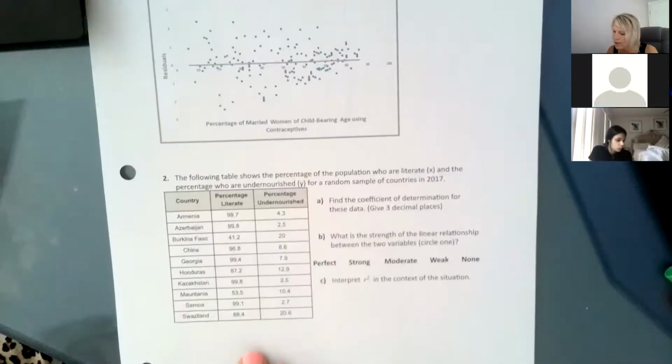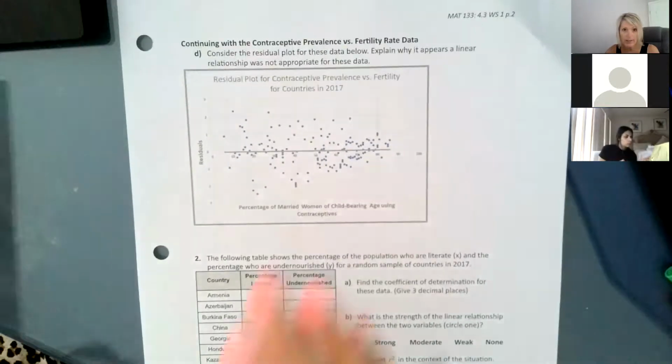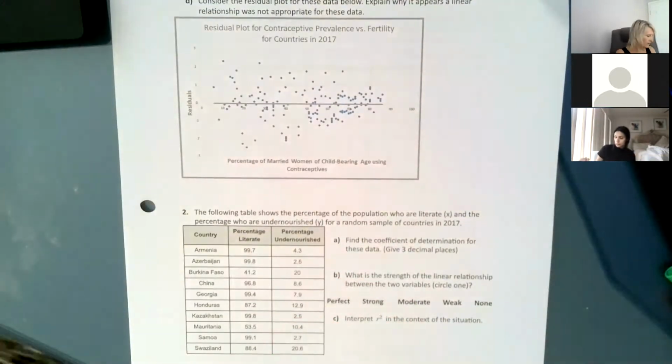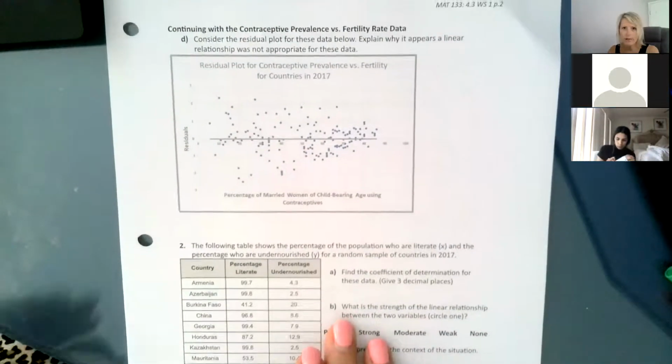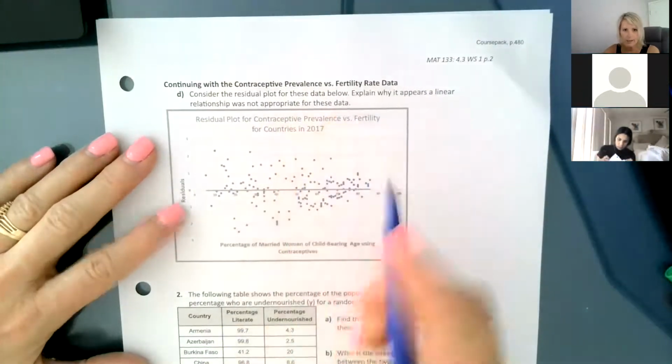Then if we flip the page, they gave us some residuals for this same contraceptive use data. It says, consider the residual plot for these data. Explain why it appears a linear relationship was not appropriate.